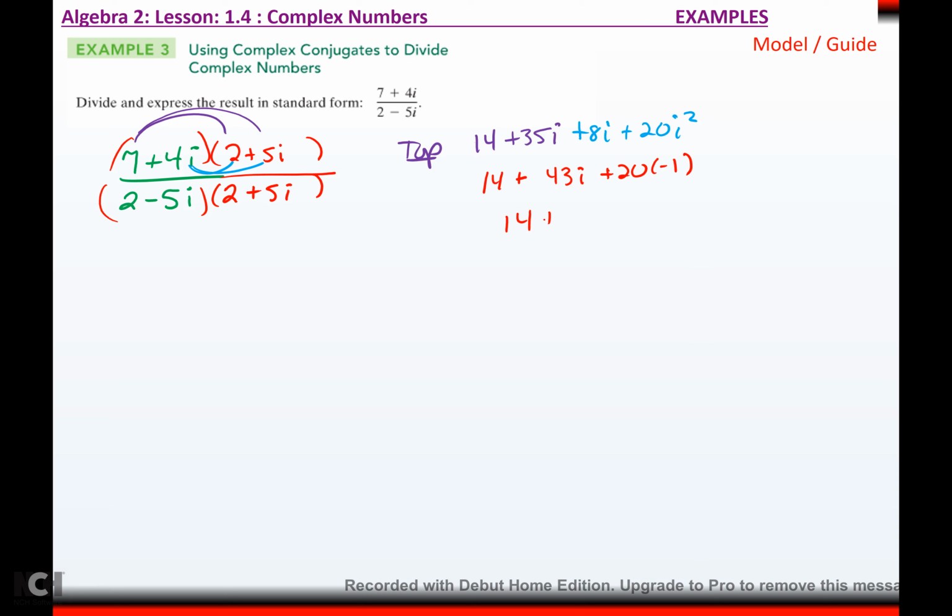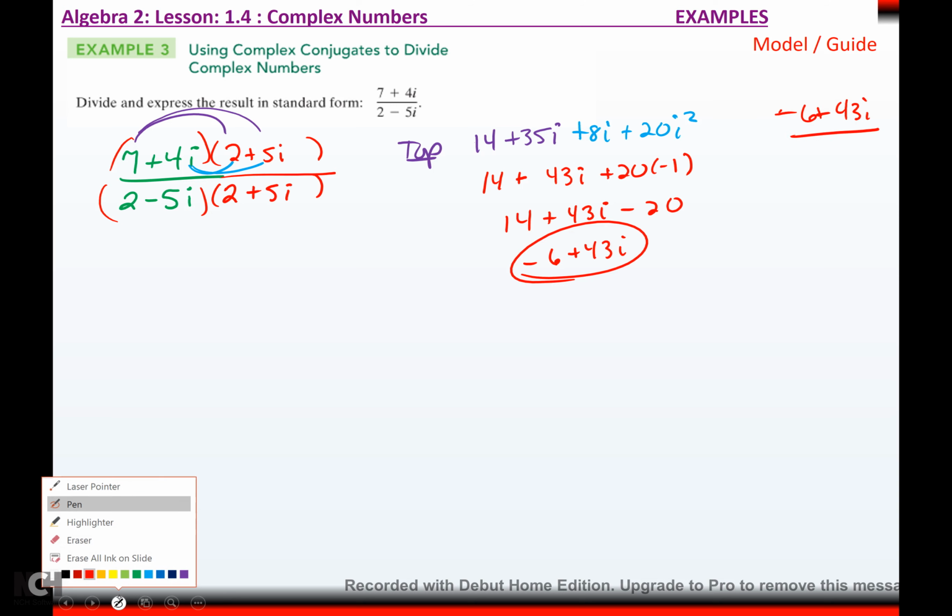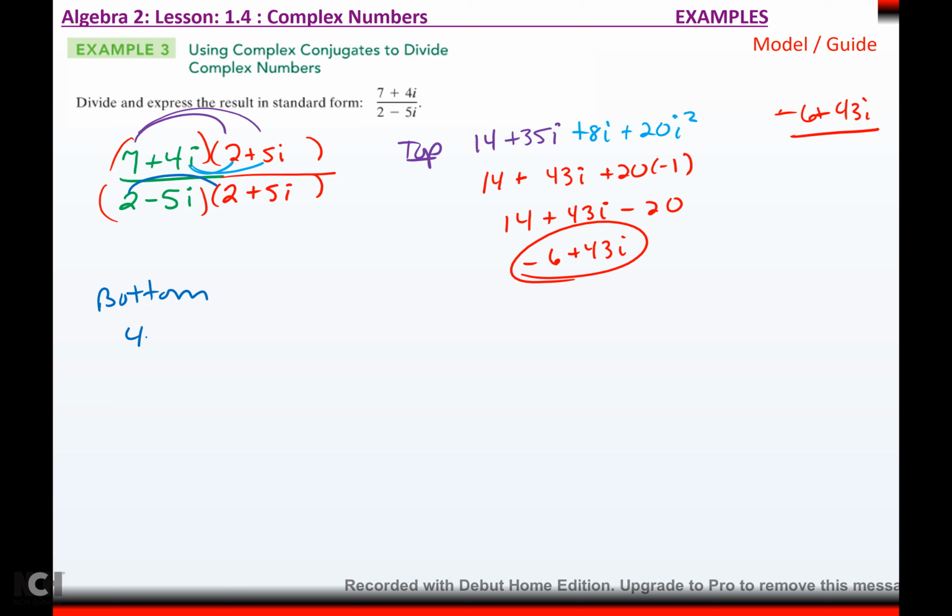That gives me 14 plus 43i minus 20, which gives me negative 6 plus 43i. There's my top, negative 6 plus 43i. My bottom is going to be 2 times 2 is 4. 2 times positive 5i is positive 10i.